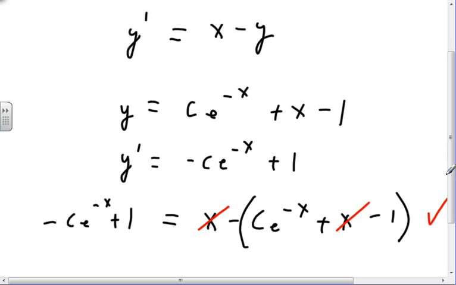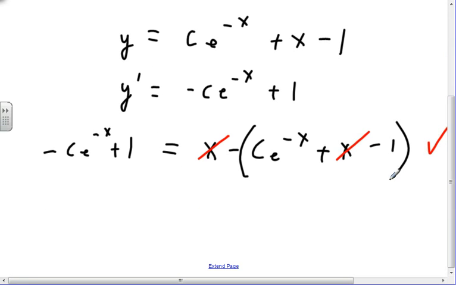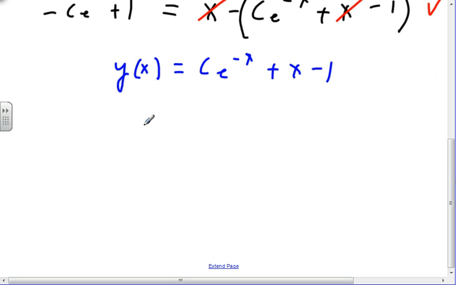Now that I know it solves it, I have that y of x is c e to the minus x plus x minus 1, and I know that y at 0 is 10.